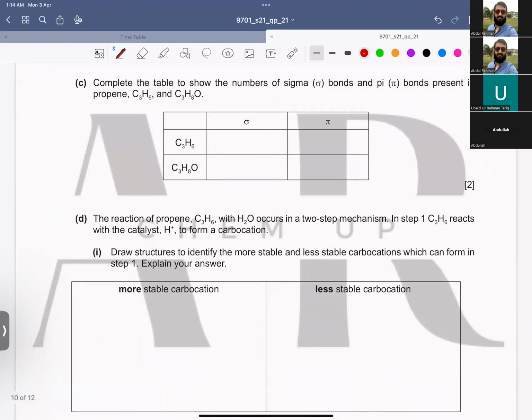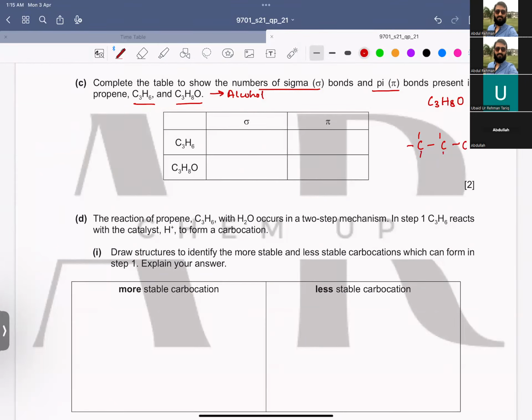Complete the table to show the number of sigma bonds and pi bonds present in C3H6 and C3H8O. So C3H8O is an alcohol, right? Because steam is added to an alkene. So C3H8O would have 3 carbon atoms.